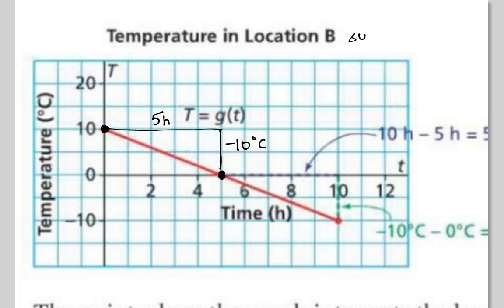So then you put the delta y on top of the delta x: negative 10 degrees Celsius in 5 hours. That will reduce, because negative 10 divided by 5 is just 2. So negative 2 degrees Celsius per hour.